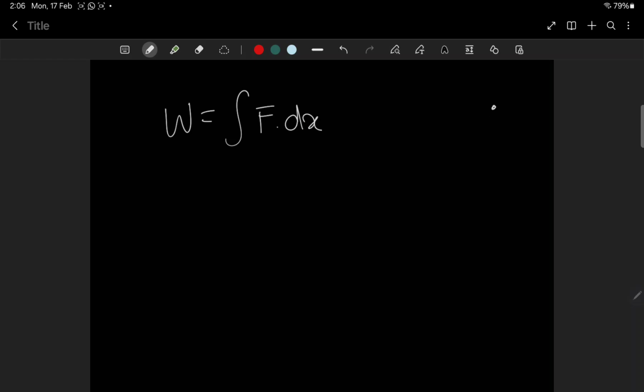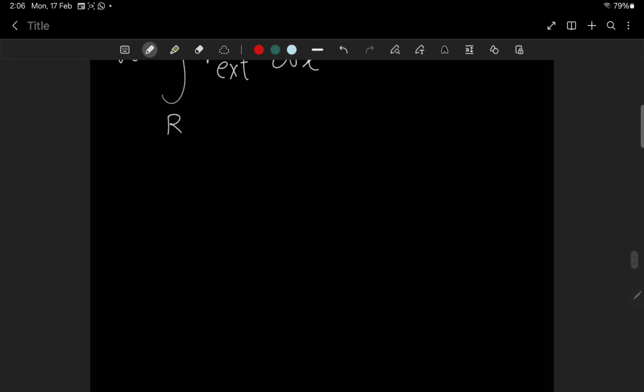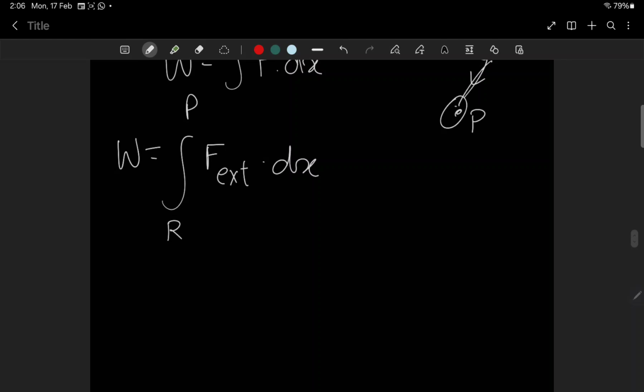So if I am taking a point R and a point P, I have to find the work done in taking a thing from R to P. So work done from R to P is integral of F external dot dx.